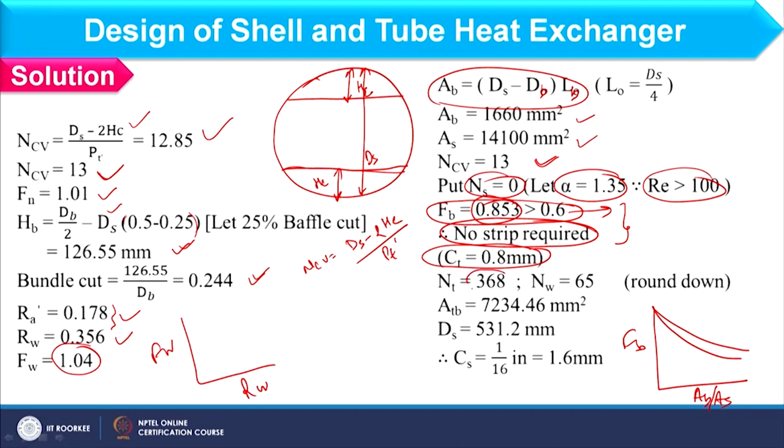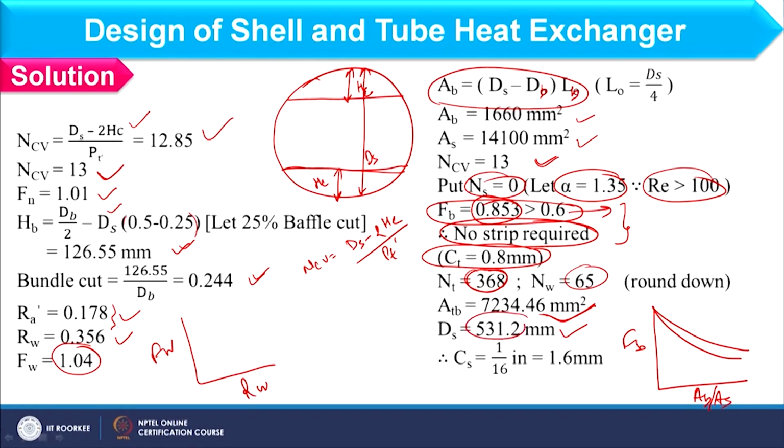We have the total number of tubes as 368, and NW we can find out as 65, and ATB you can consider as 7234.46 mm square. Shell diameter is already given to you.